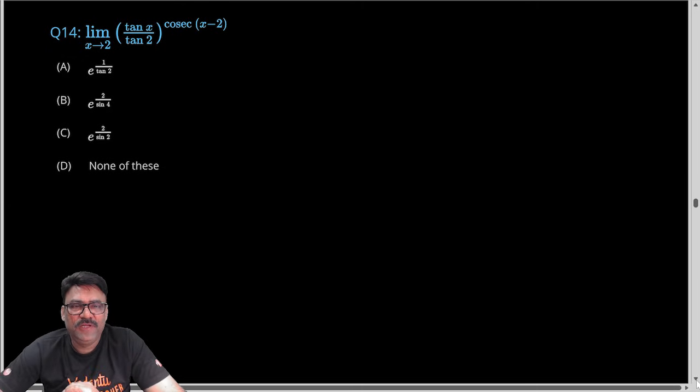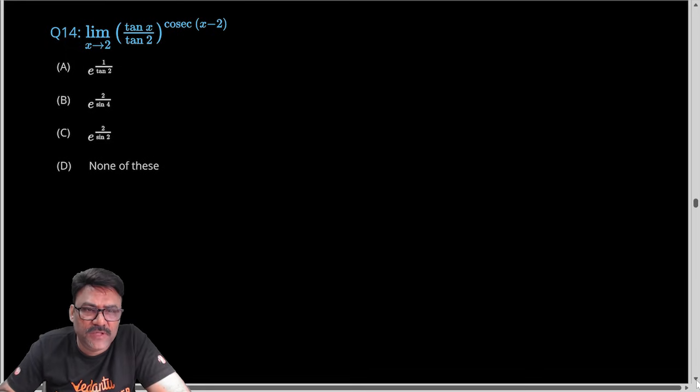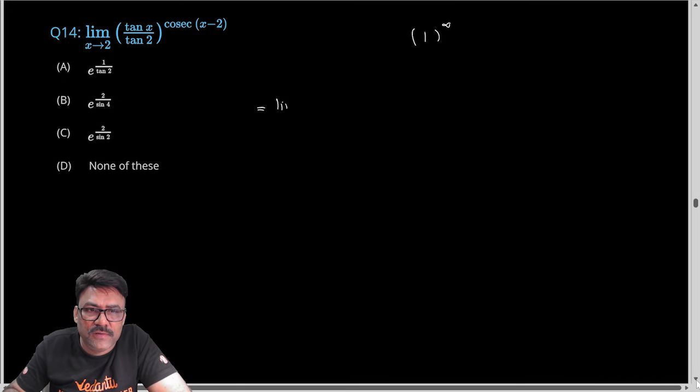See this question, this is from limits. And you can see that when x is approaching 2, base is approaching 1, power is approaching infinity. So it is 1 raised to infinity form. And since it is 1 raised to infinity form, I can write this limit as limit x approaching 2 of f(x) raised to g(x).